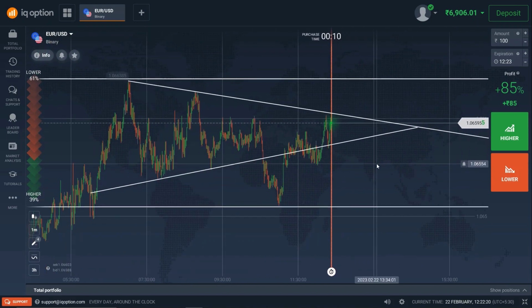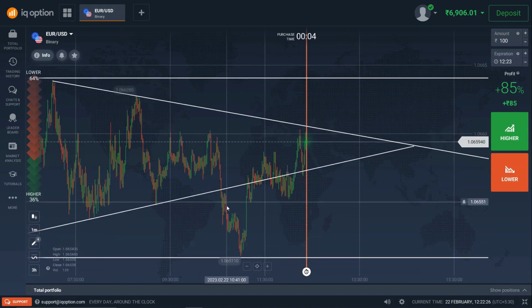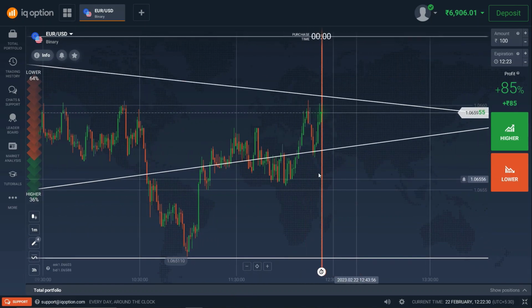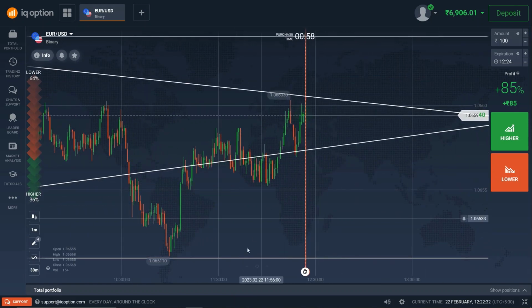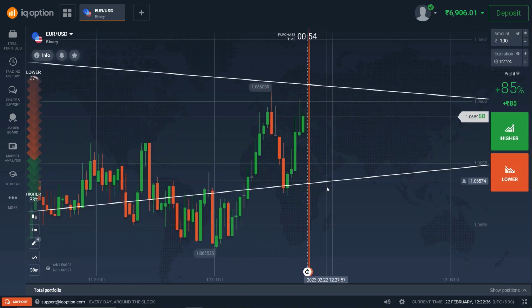So let's see where we are right now and what would be an opportunity for us to take a trade now. As you can see, the market has broken down and come into the trading zone again. I believe the market must come back down.